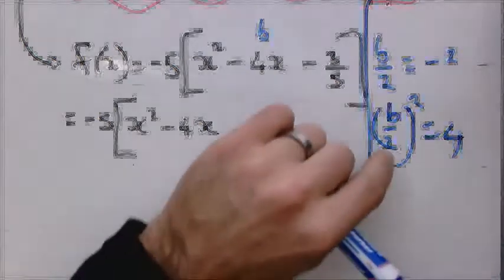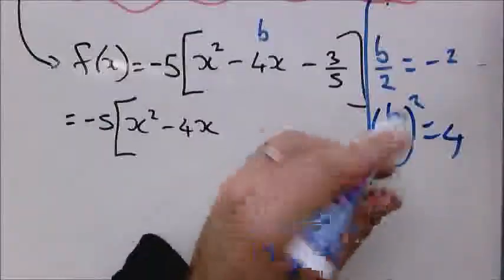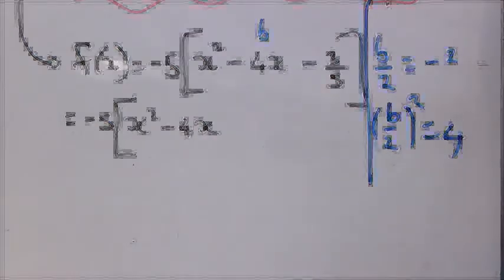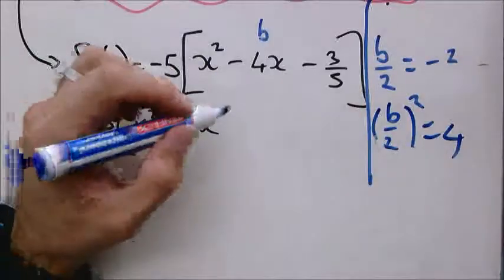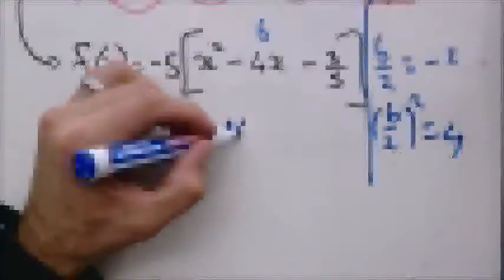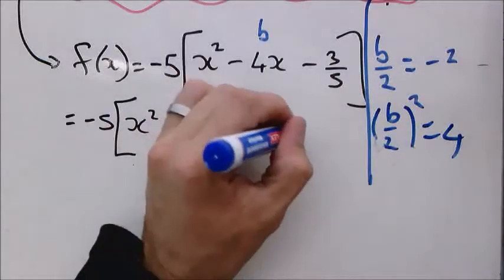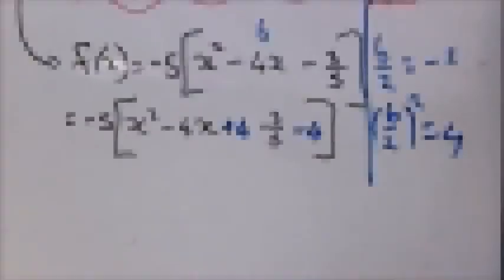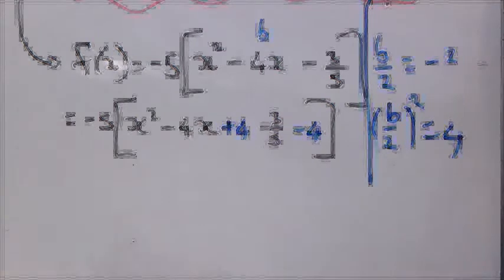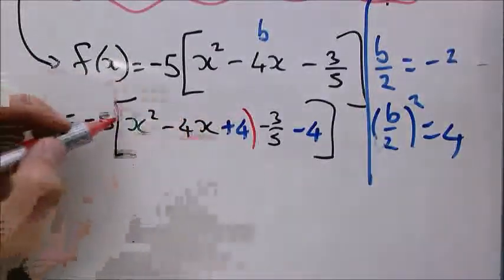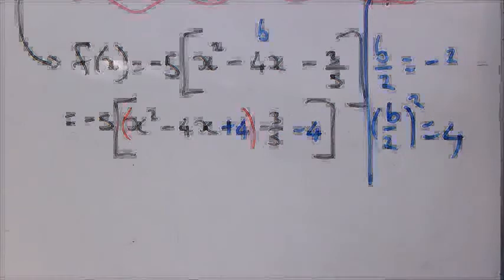So this is what we are going to add. Okay, I'm doing this in a different colored pen. So plus 4 minus 3 over 5 minus 4. Okay, and to help us identify the perfect square, I'm just putting a bracket around that just for you to understand.